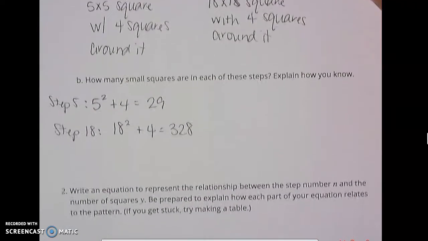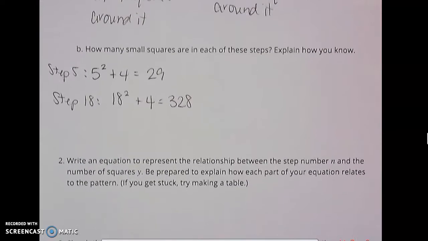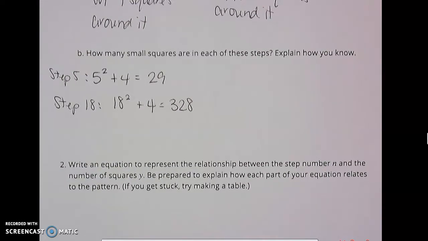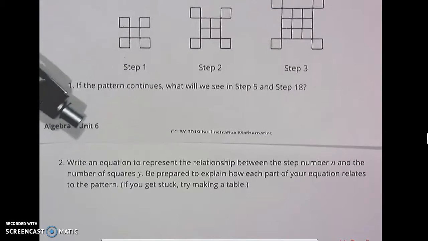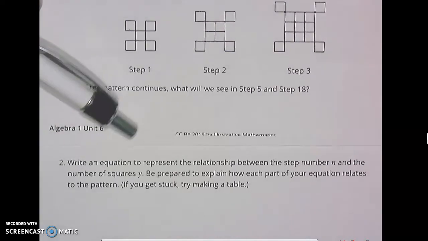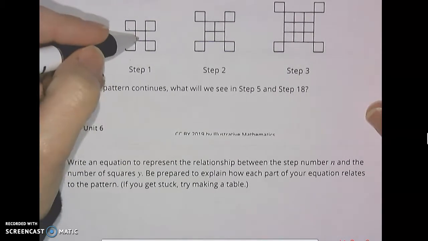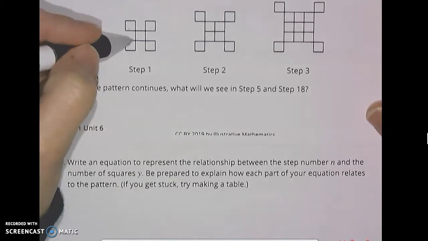Part 2 of this question says write an equation to represent the relationship between the step number n and the number of squares y. Be prepared to explain how each part of your equation relates to the pattern. You could make a table if you wanted here. In step 1, we had a 1 by 1 square in the middle, and then we had 4 added.